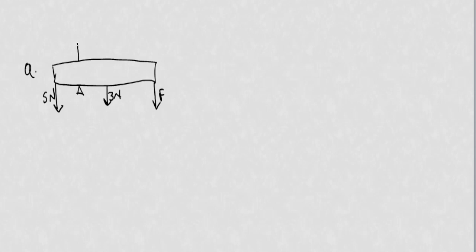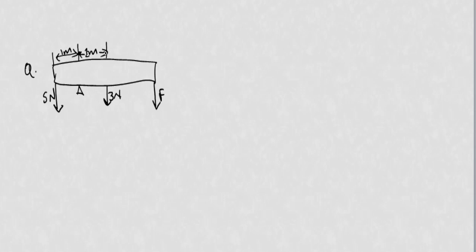Then from this pivot to that, we have 1 meter apart. So from there to there it is 1 meter. Then from the pivot to that other end, it's also 1 meter.